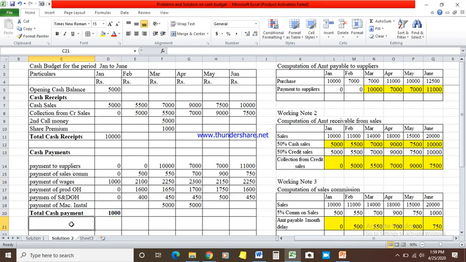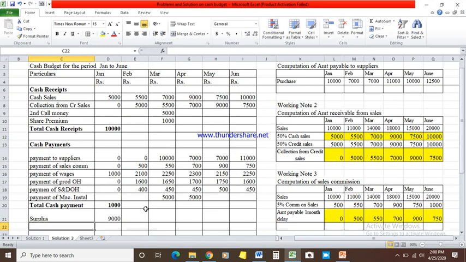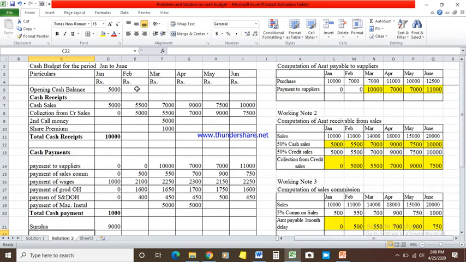Now the difference. If the cash receipt is more than the cash payment, then we say it's a surplus. The closing cash balance, in this case, is 9,000. Now this closing cash balance 9,000 is considered as an opening for the next month. In the beginning we write first 9,000 opening balance.